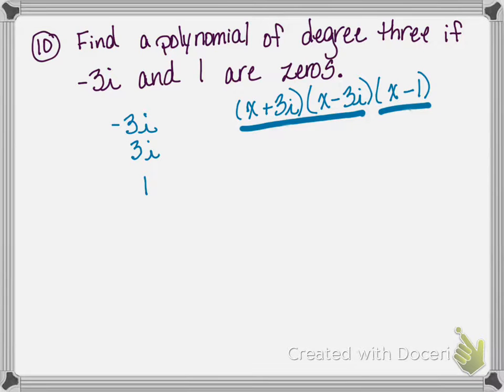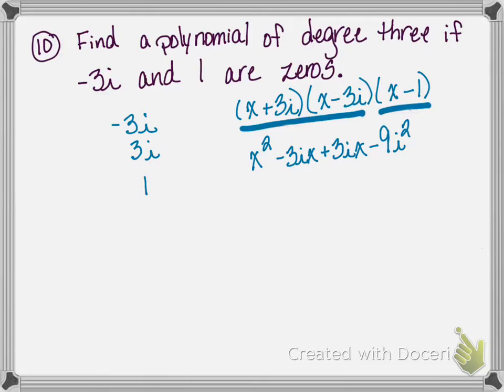Okay, x times x is x squared. x times negative 3i is minus 3ix. 3i times x is positive 3ix. Now, positive 3 times negative 3 is negative 9. i times i is i squared. Sorry about that.